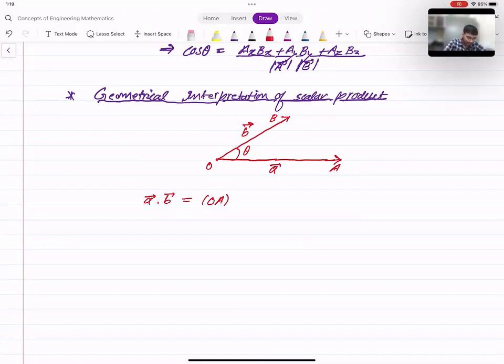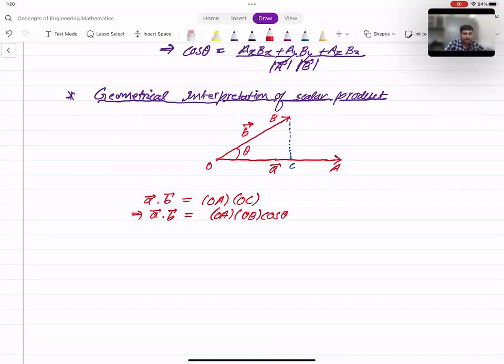Geometrically, this projected length will be OC, so it is multiplied by OC, and OC is nothing but OB cos theta. So this will be OA into OB into cos theta.